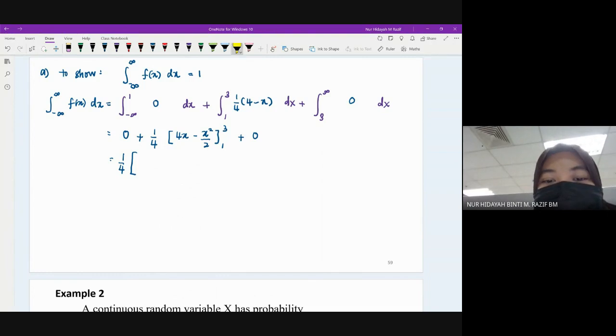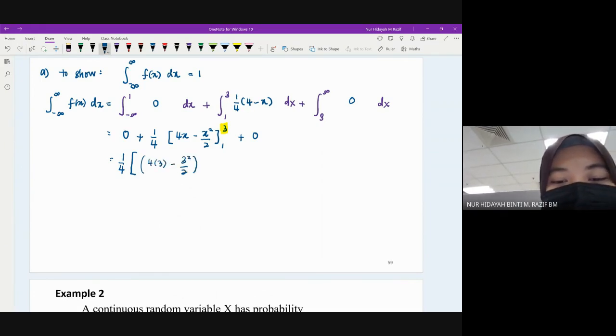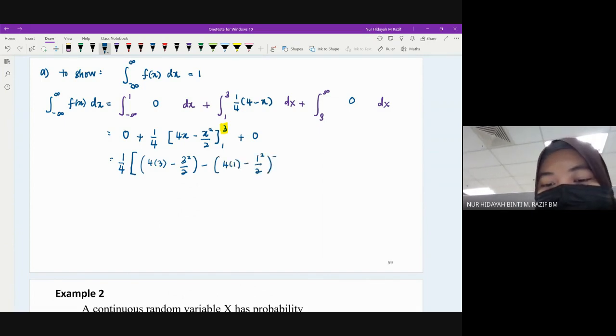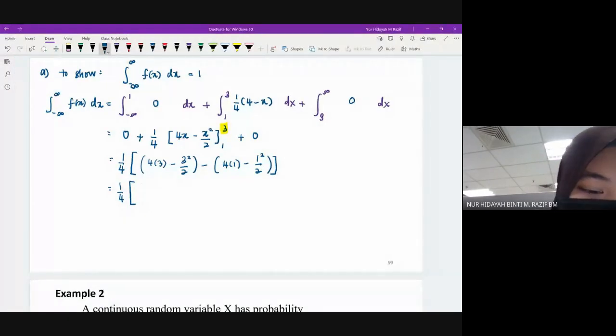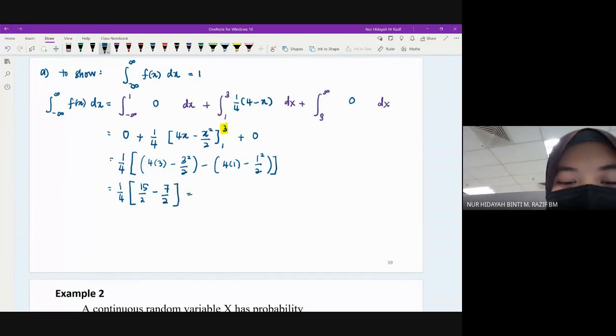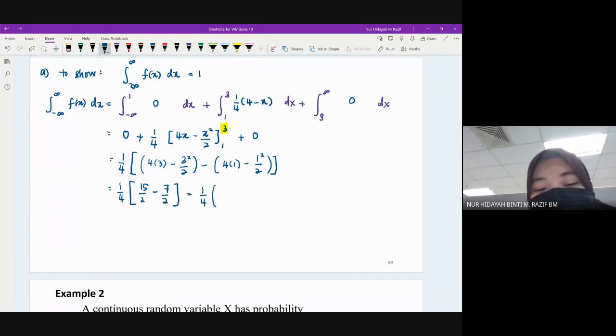We are going to substitute 3 dahulu. So you are going to get here 4 times 3. Open bracket. So 4 times 3 minus 3 square over 2 ditolakkan dengan 4 times 1 minus 1 square over 2. So kira sahaja di sini 1 over 4 didarabkan dengan yang kat dalam tu. Kalau you kira you akan dapat 15 over 2 minus 7 over 2. So this is equal to 1 over 4 didarabkan dengan 8/2.